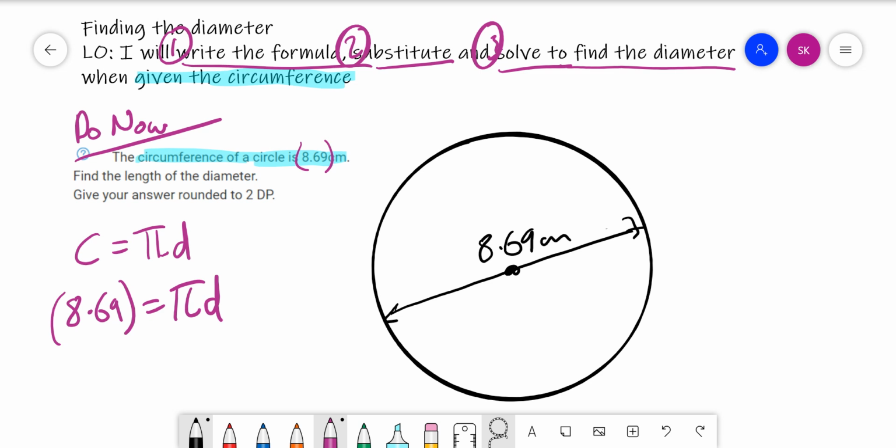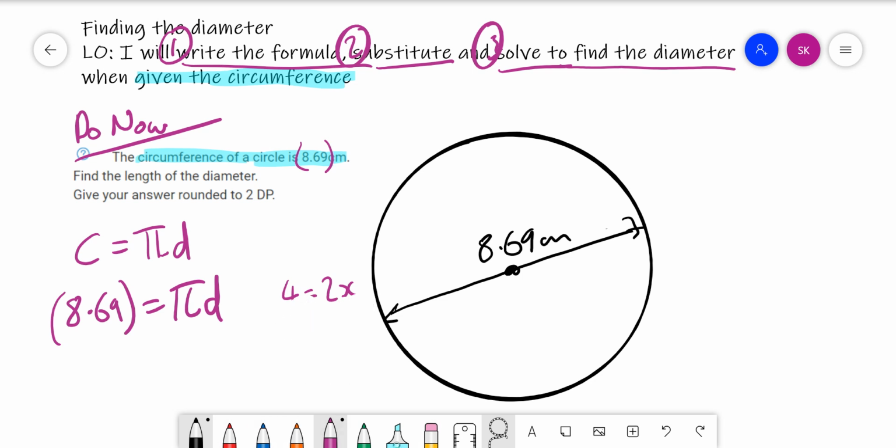So here I have an equation. Now if I had the equation 4 equal to 2x, what would I do to solve it? Hopefully you're clear. You would divide by 2 to eliminate the times by 2 here. Do it to one side, do it to the other to keep the balance, and we get 2 equal to x. Well, it's exactly the same thing here.